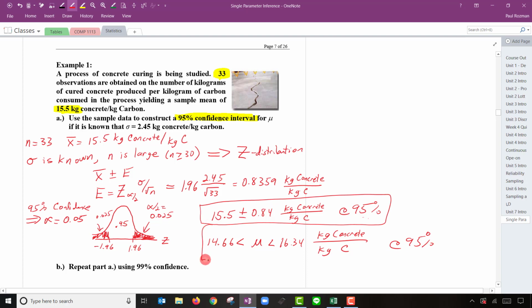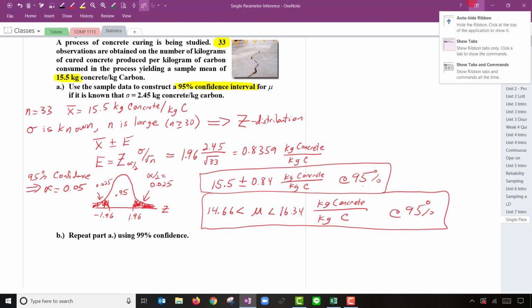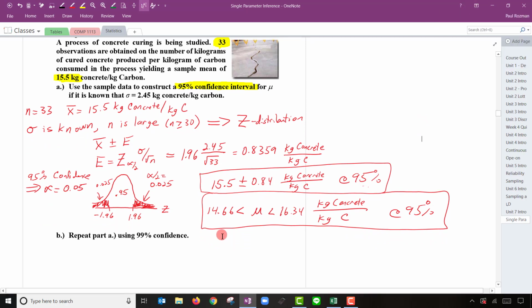So this is another perfectly acceptable way to write this. And alternatively, you could just write, maybe I should be doing some sig figs here, maybe I should only be going to one decimal place, 14.7 up to 16.3. Again, kilograms of concrete per kilogram at 95%.